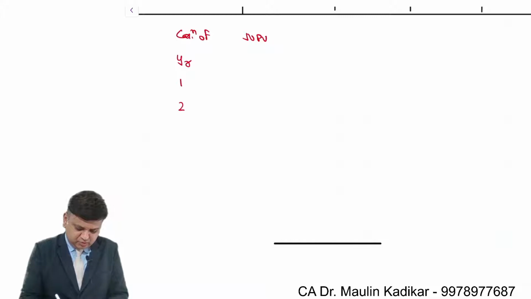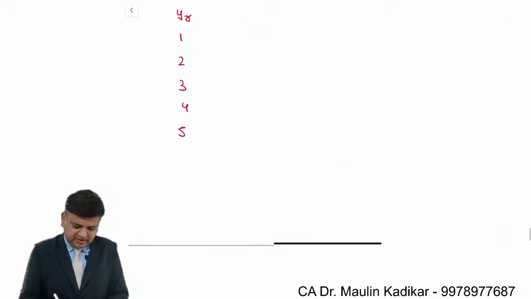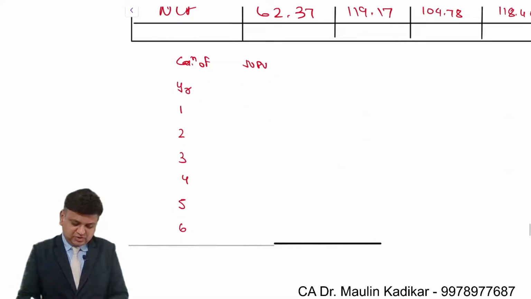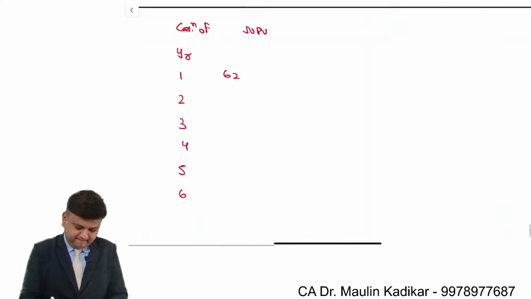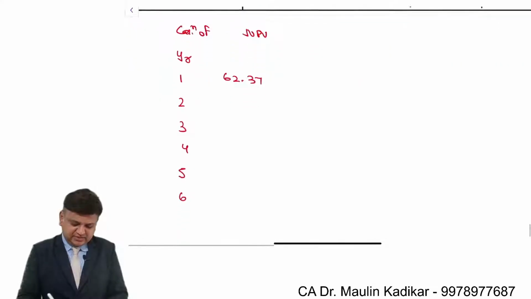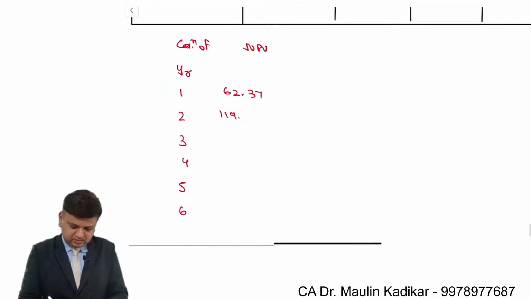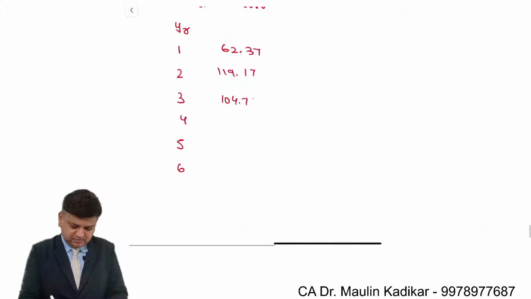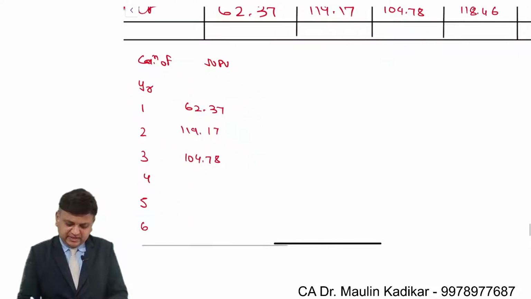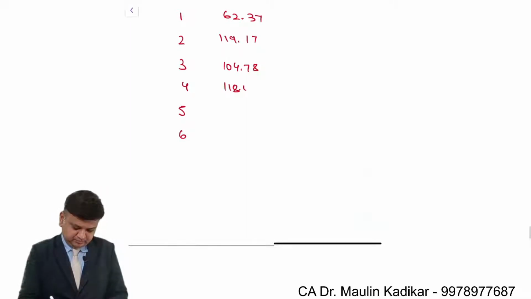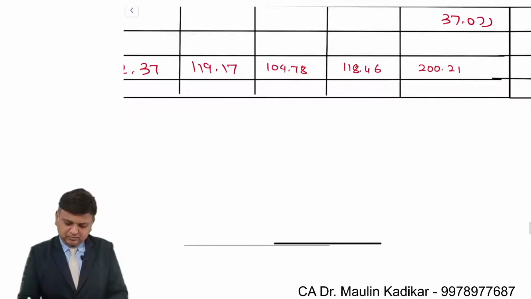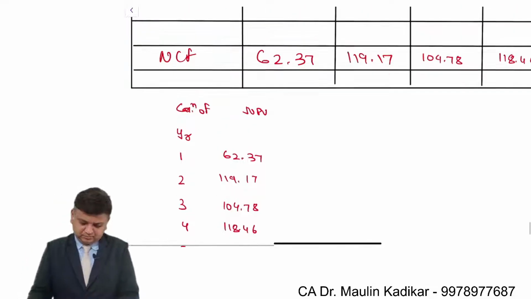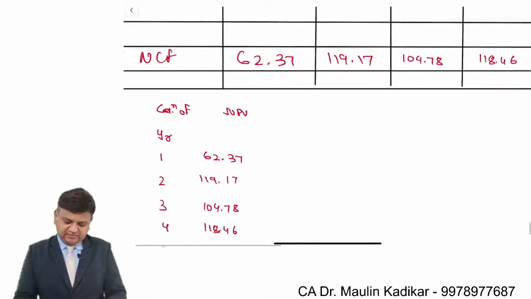In that, year 1, year 2, year 3, year 4, year 5 and year 6: 62.37 lakhs, 119.17 lakhs, 104.78 lakhs, 118.46 lakhs, 200.21 lakhs, and 71.72 lakhs.